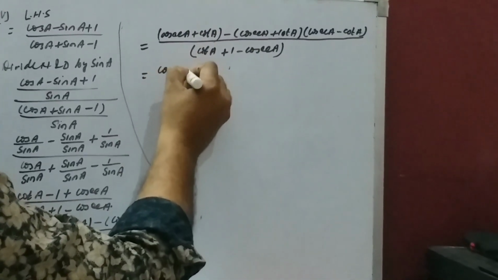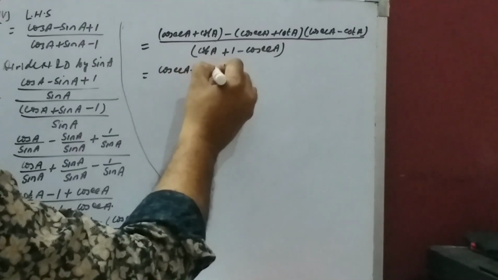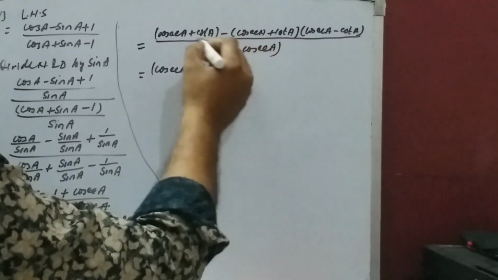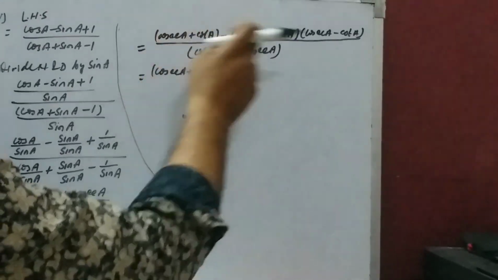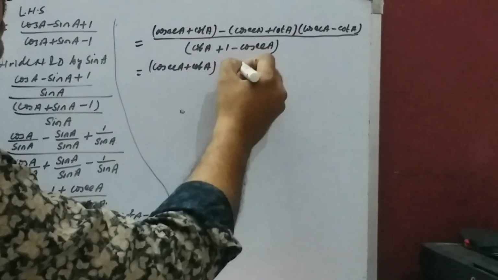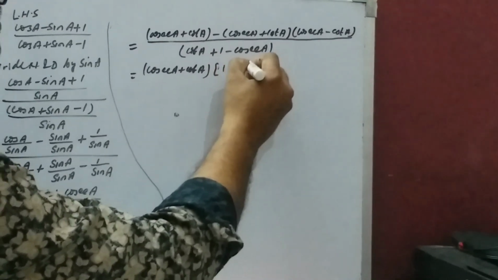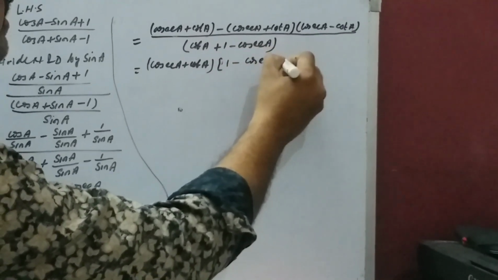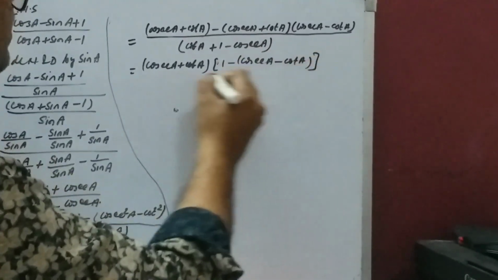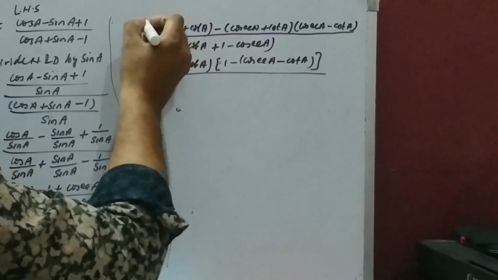So cosec A plus cot A is written like this, and when you take common this from numerator, you will write here 1 and minus cosec A minus cot A in numerator, because you will write here 1.